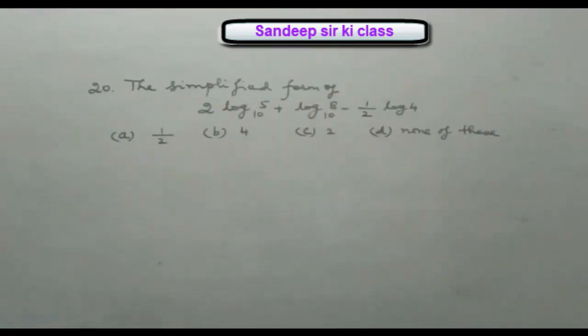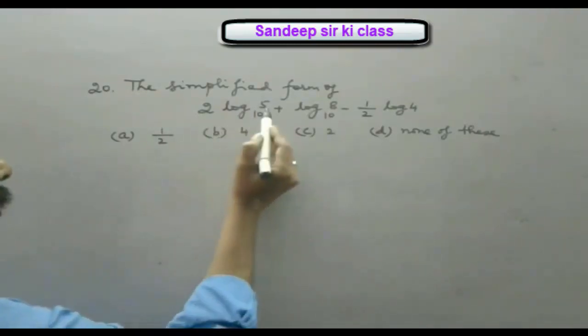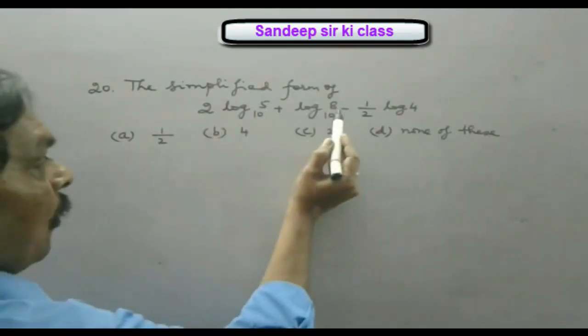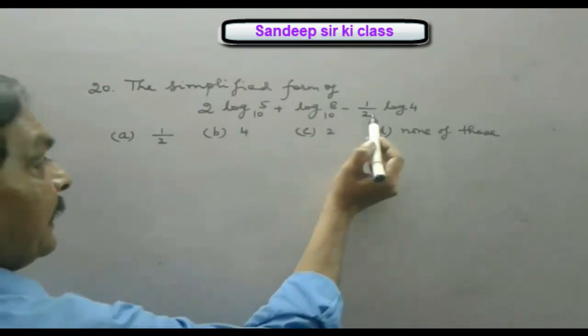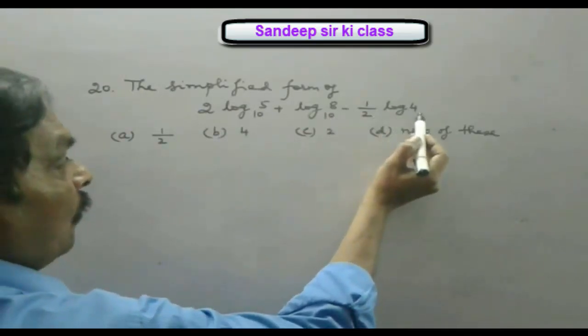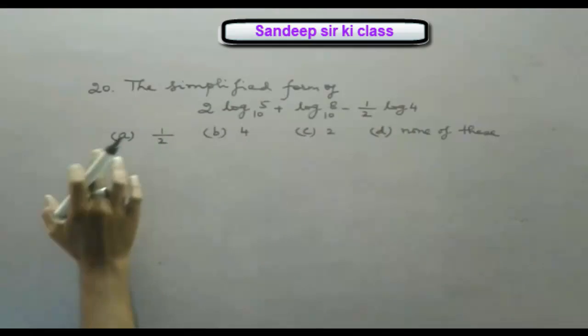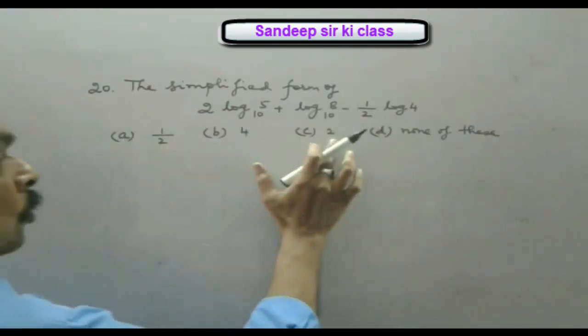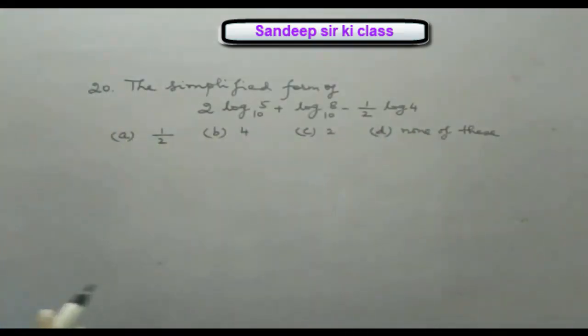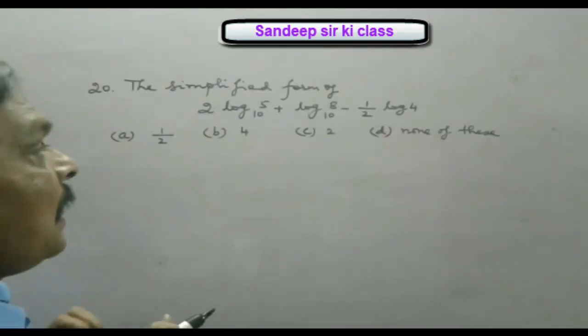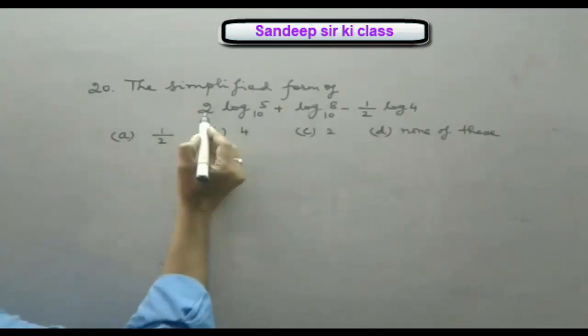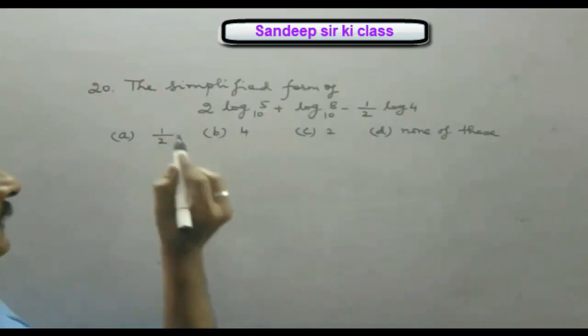The simplified form of 2 log 5 to the base 10 plus log 8 to the base 10 minus 1 upon 2 log 4 is. Options are 1 by 2, 4, 2, and D option is none of these. Now we start with the first term. First term is 2 log 5 to the base 10.